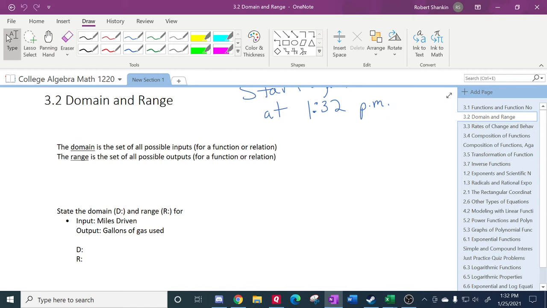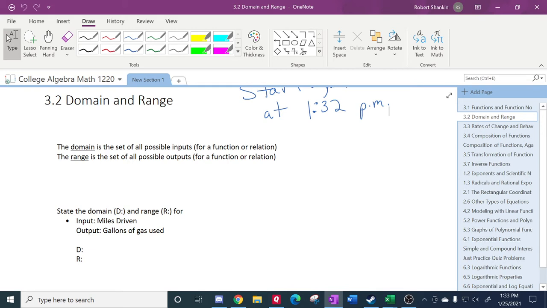And the range is the set of all possible outputs for a function or relation. So, state the domain. You put it right after the D colon in the range for this situation. The input is the miles driven. The output is gallons of gas used.